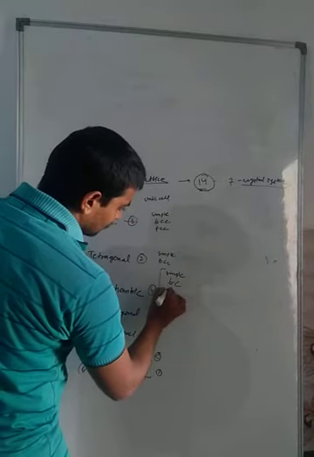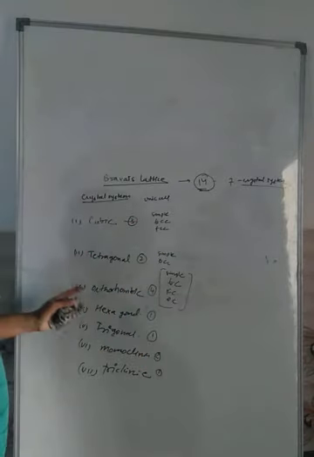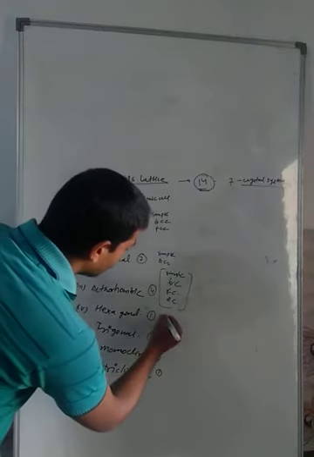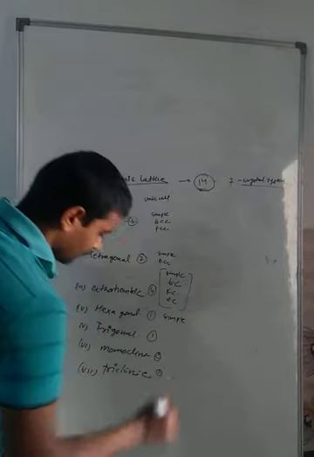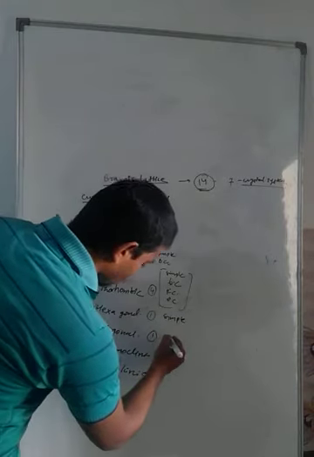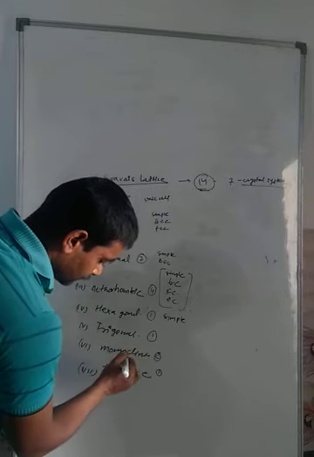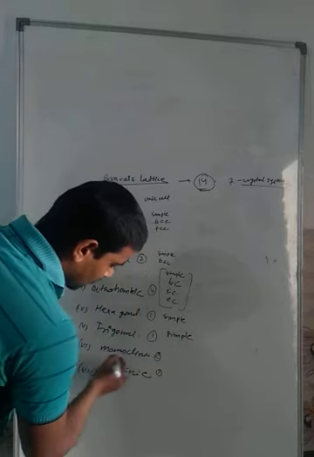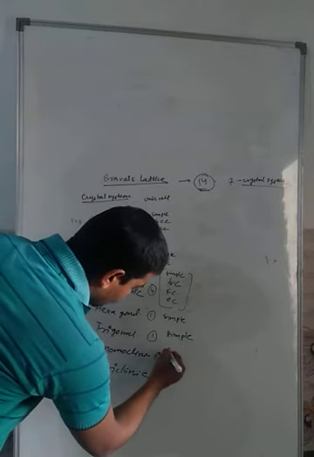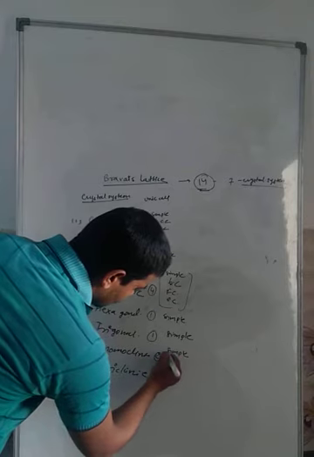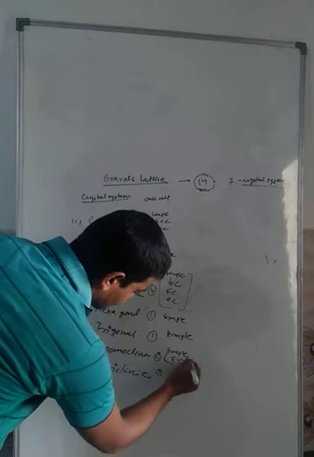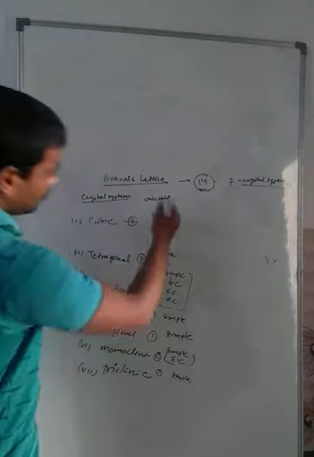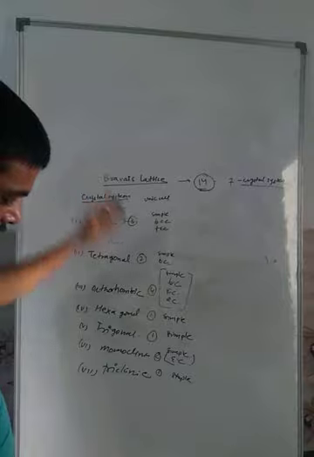These are the 4 unit cells of orthorhombic. In case of hexagonal, there is only simple, a primitive. In case of trigonal, only primitive, simple. And in case of monoclinic, simple and end centered. And triclinic is simple.